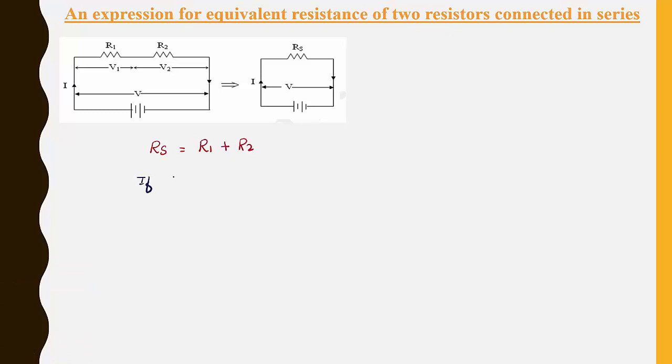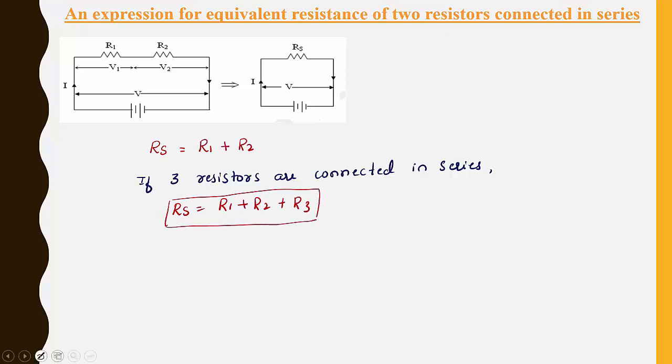If three resistors are connected in series, then we can write Rs equal to R1 plus R2 plus R3. This is for three resistors.